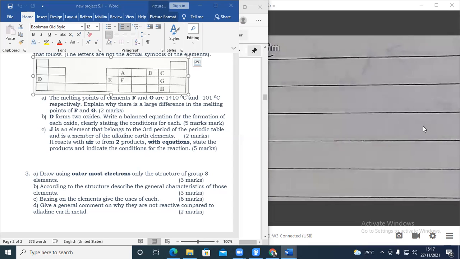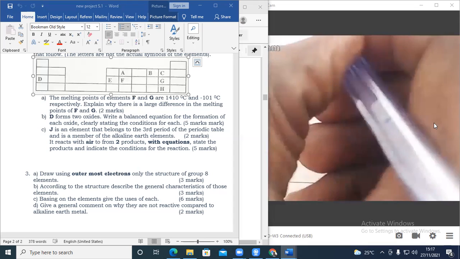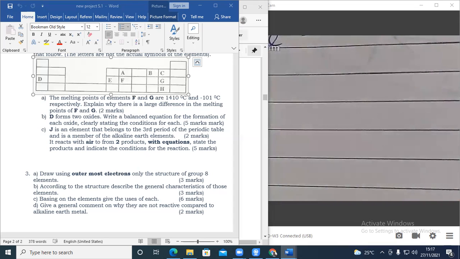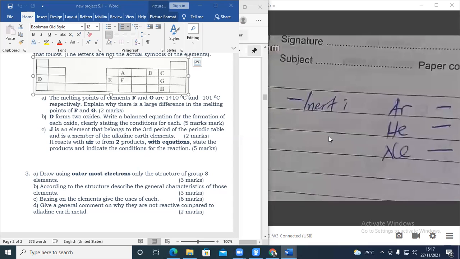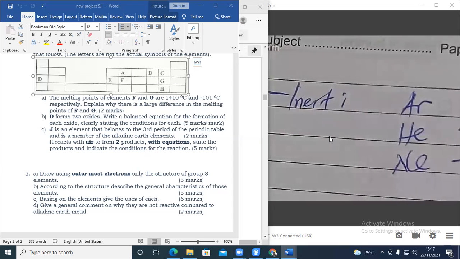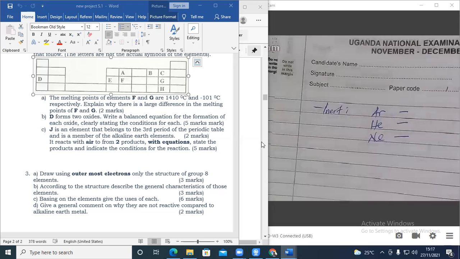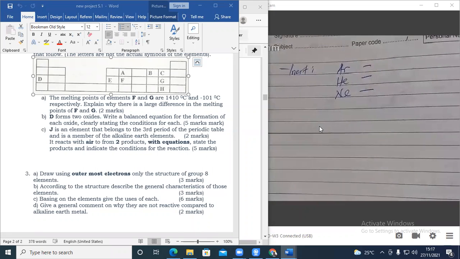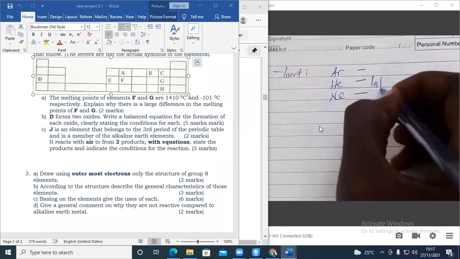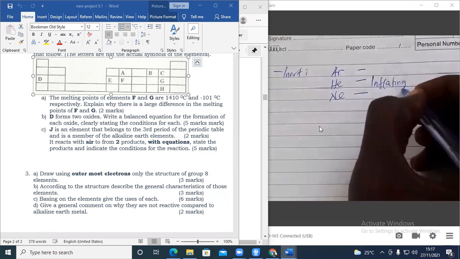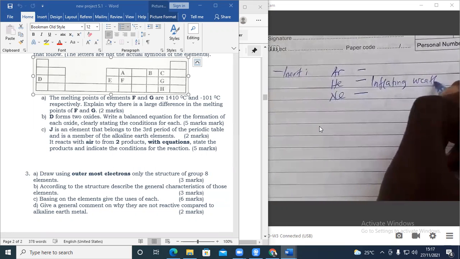Now, all these gases you see, they have uses. Those noble gases, they have where they belong. So where do they put them, for those who read? Helium is used in inflating weather balloons.